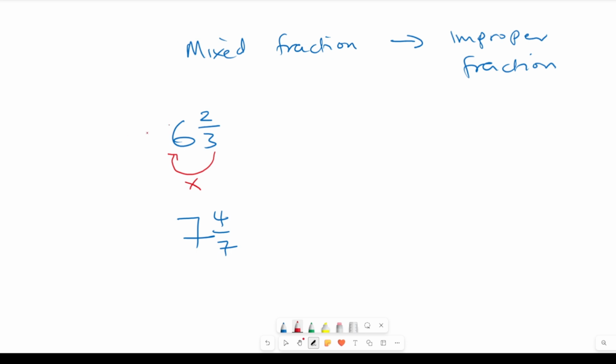Whatever you get when you multiply, you get the product. Add, and then maintain the denominator in the fraction.